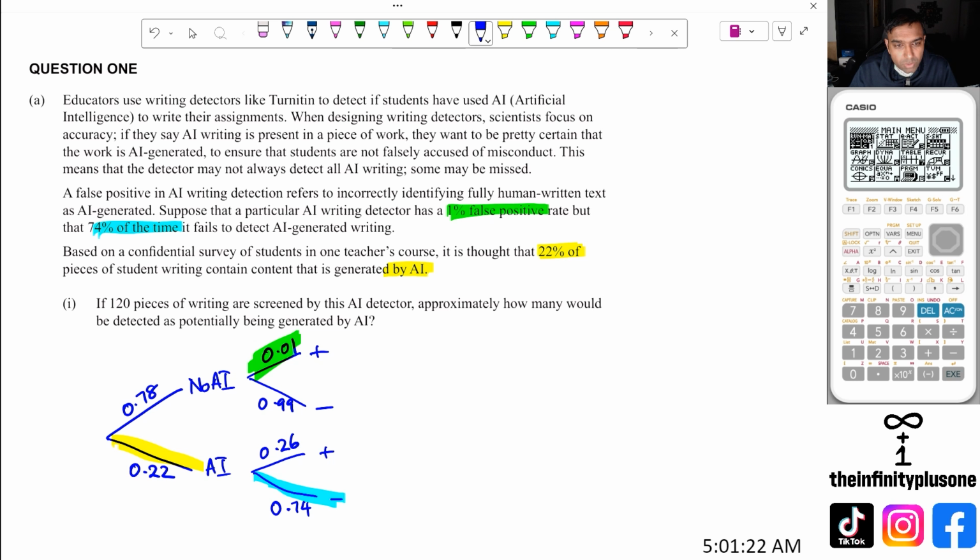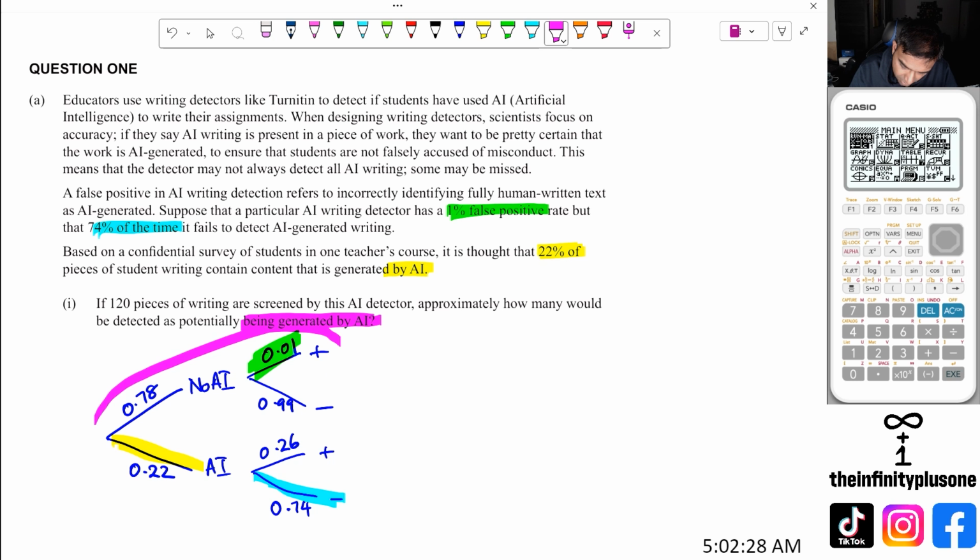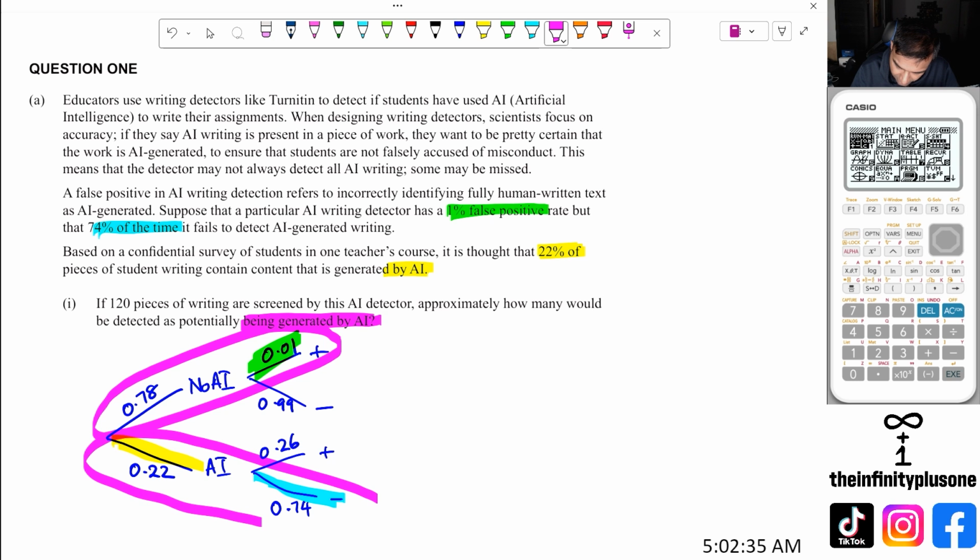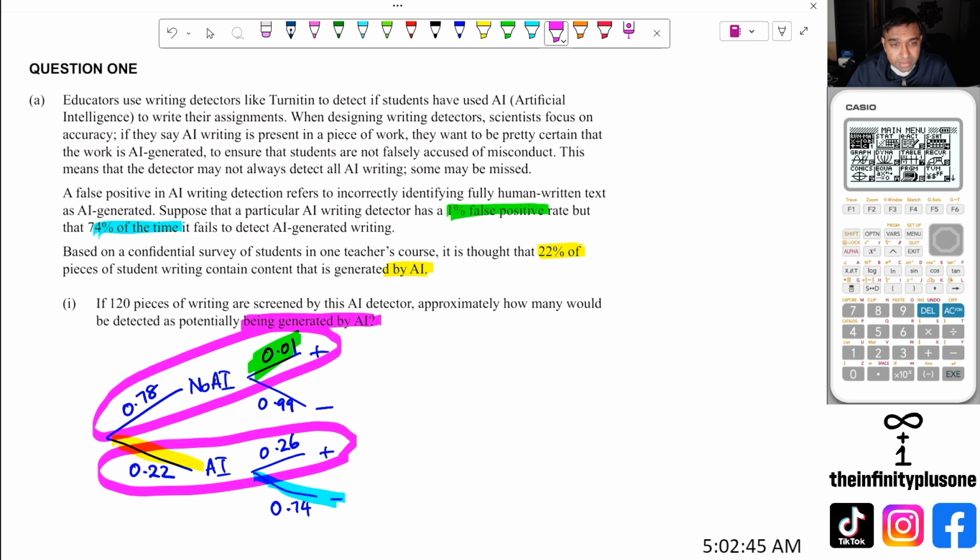It says if it's 120 pieces, approximately how many would be detected as being generated by AI? So what we're looking for is how many would be indicated as generated by AI. So we've basically got this branch here, and we've also got this branch here. Those two branches add up to the probability that it was indicated as AI generated.